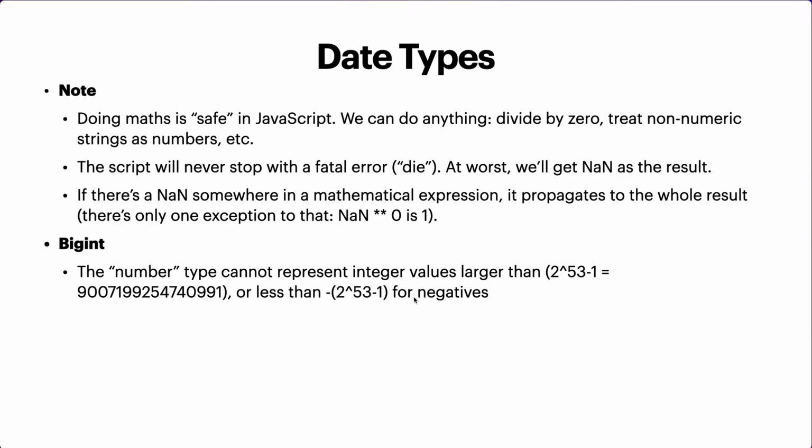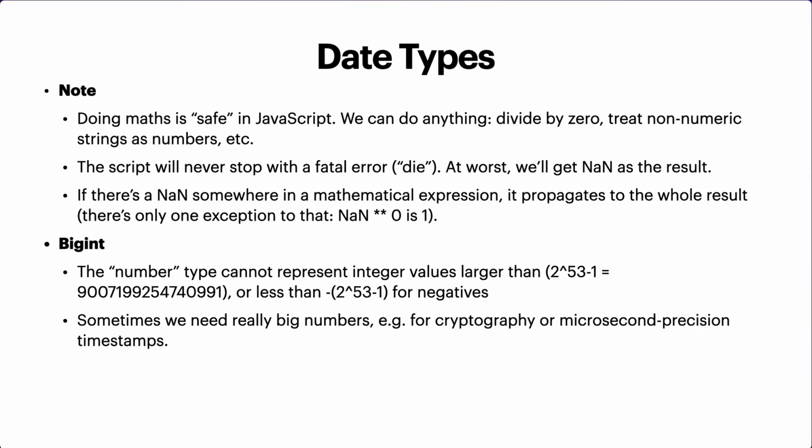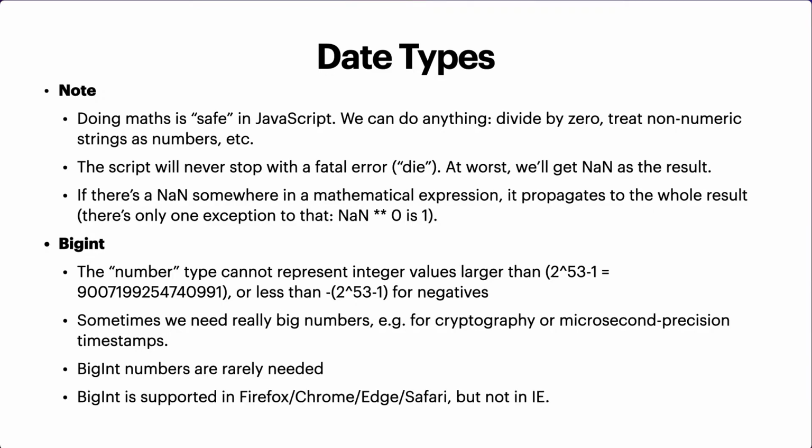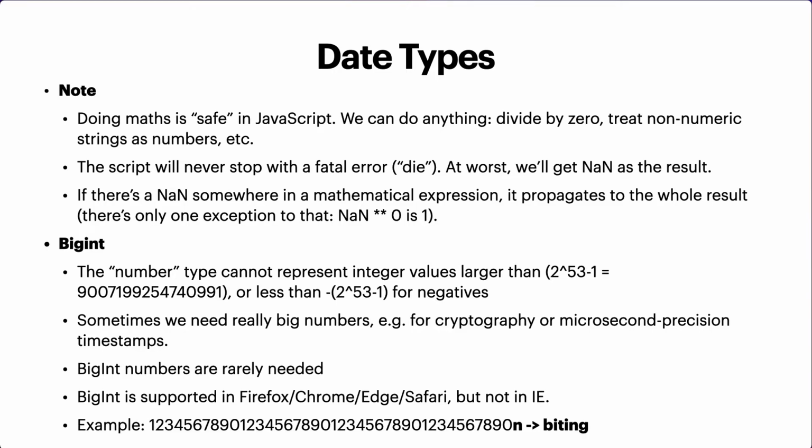Then we have an introduction to big integers. Sometimes we need really big numbers, for example, for cryptography or microsecond precision timestamps and all that stuff. So big integer or BigInt numbers are rarely needed, and we rarely use them in JavaScript. BigInt is supported in Firefox, Chrome, Edge, Safari, but not in Internet Explorer.